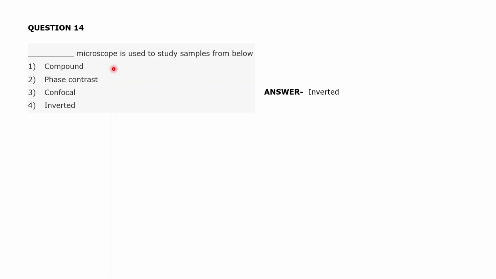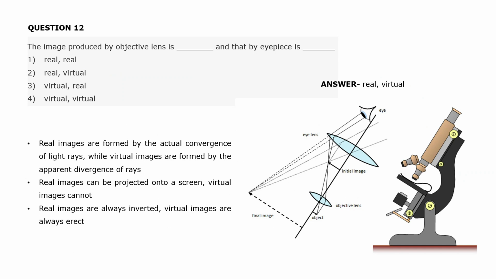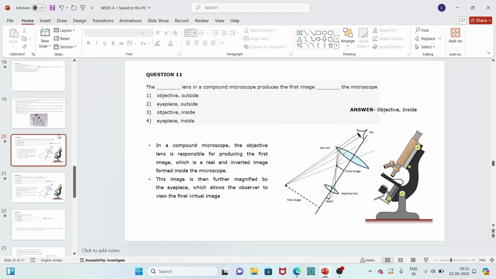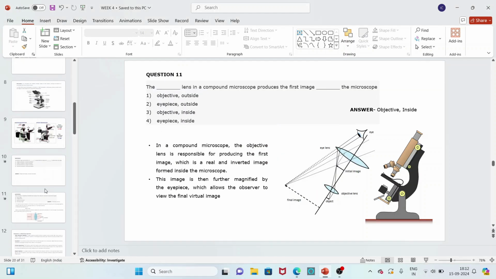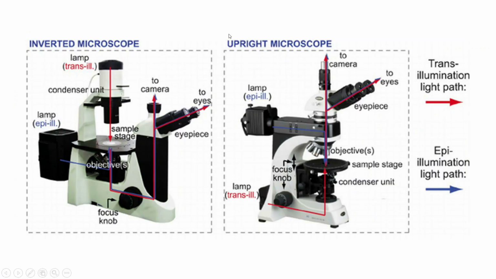I am getting a question: can you explain the principle of the inverted microscope? Okay, I will move to the previous slide. I don't have the exact principle of how light rays move through a microscope, but I can give a brief explanation of how light travels through the objective and reaches the eyepiece.